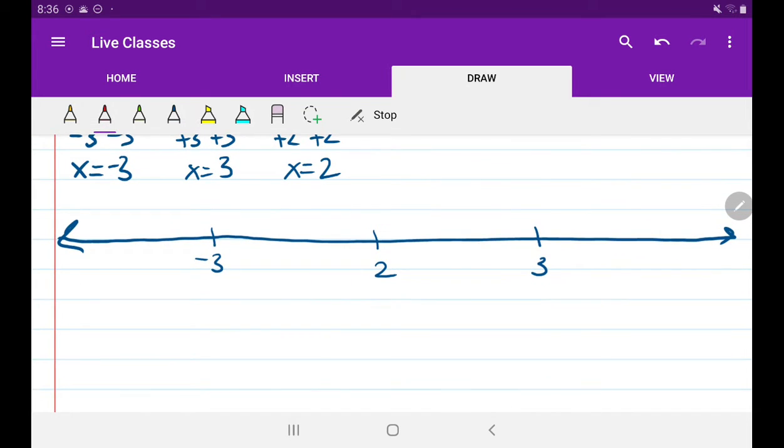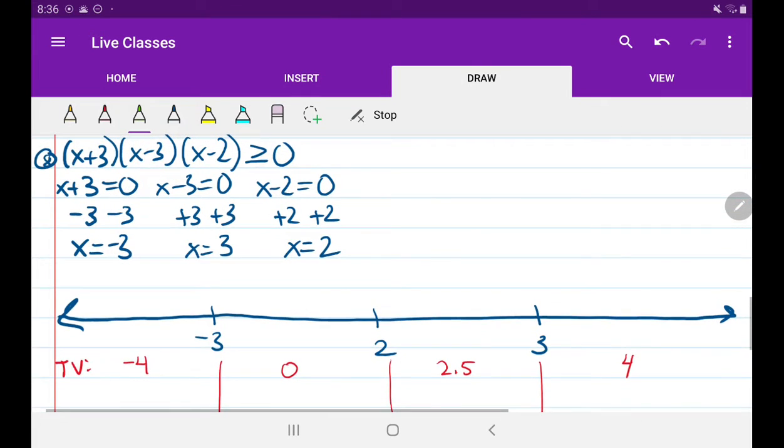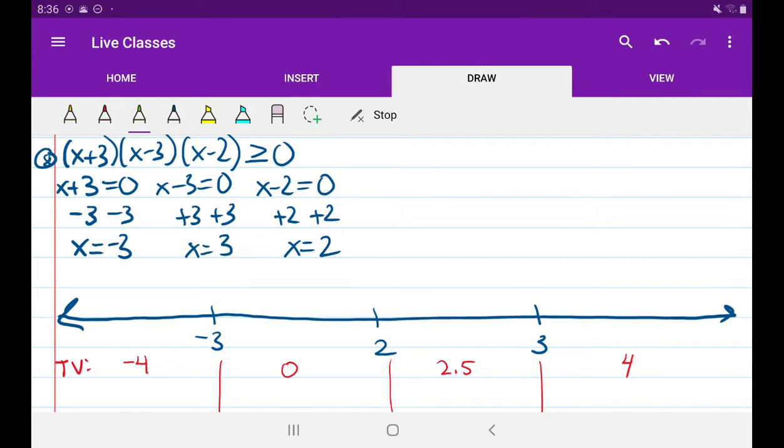And then my test values will be negative 4, 0, 2.5, and 4. Okay? And we'll go ahead and we'll plug all of those test values into the original function. So let's see, I'll have negative 4 plus 3, negative 4 minus 3, and then negative 4 minus 2.